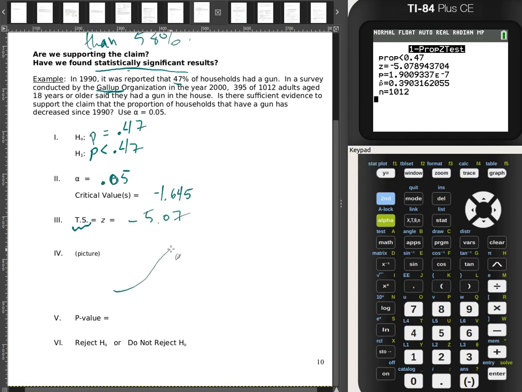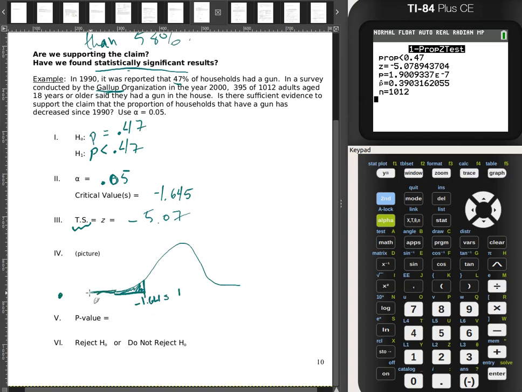So if we draw a picture of this one, we were doing a left-tailed test with the critical value of negative 1.645. And so this is our critical region, this tail on the left side. And we got a test statistic which is very small. It's kind of over here or something.